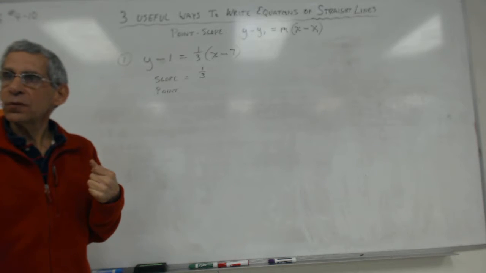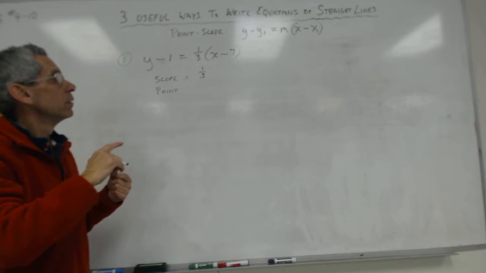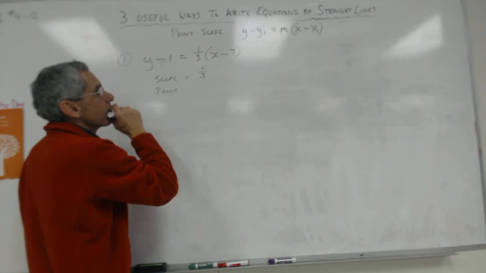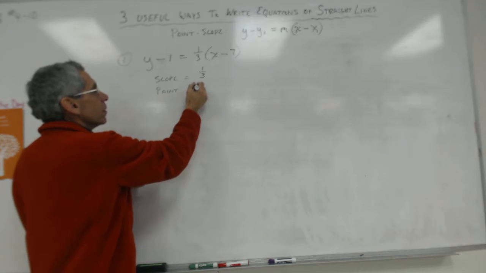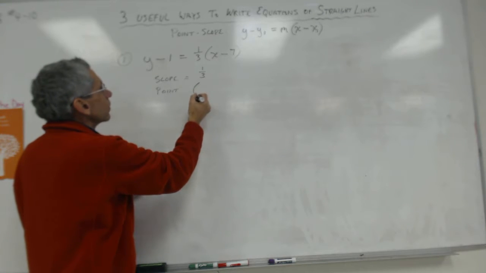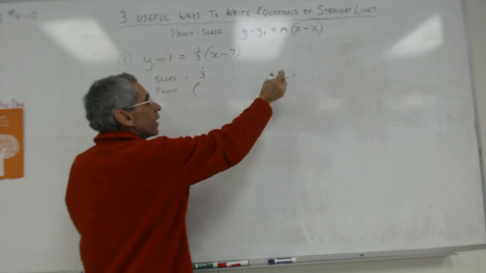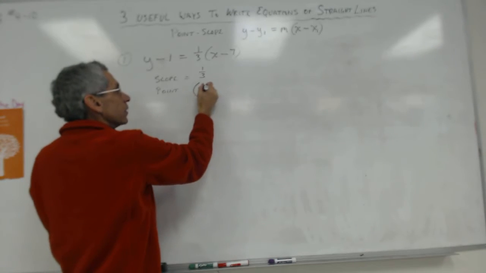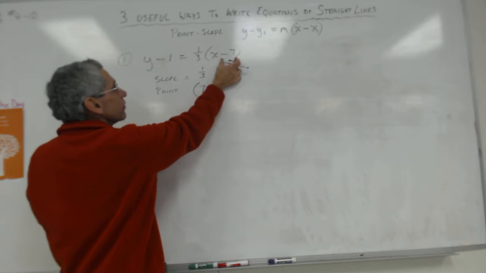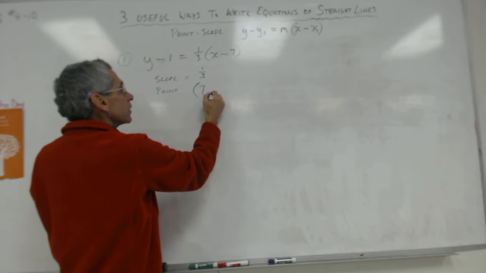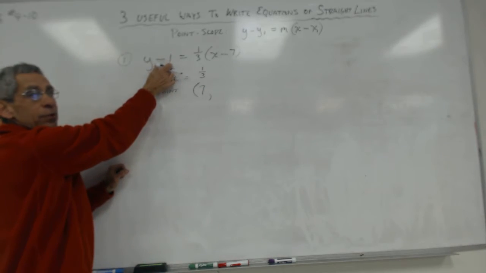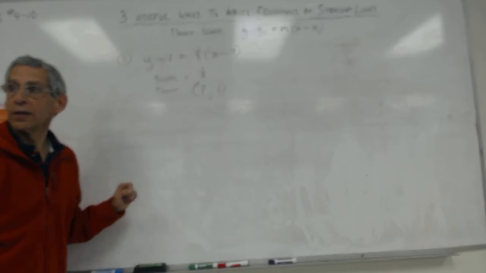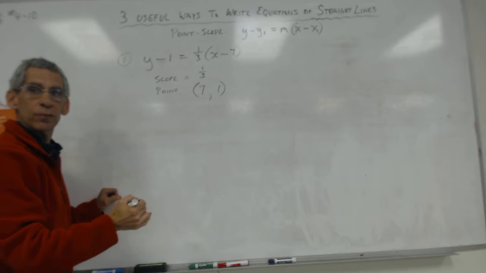So for x, you've got to do the x first. That would be positive 7, the opposite of the negative 7. So it's positive 7, comma, the opposite of the 1, positive 1. That's your point. Okay, you with me?